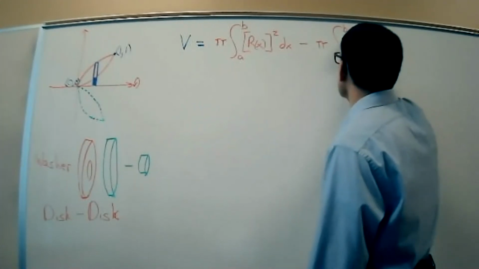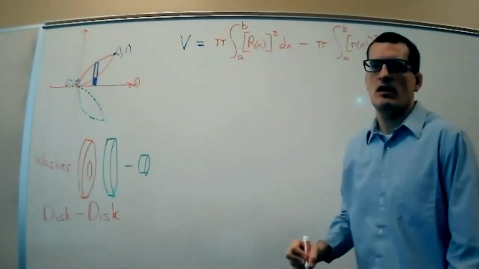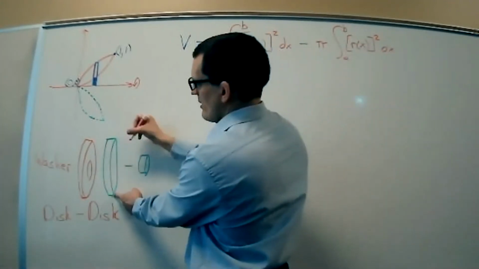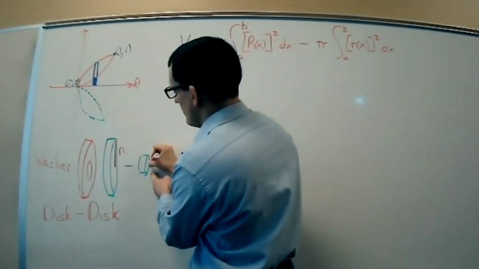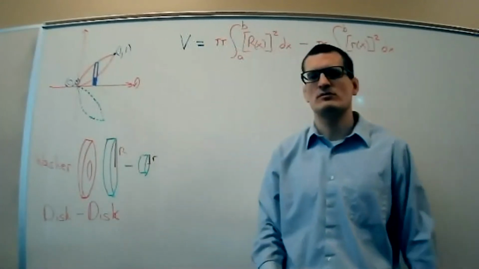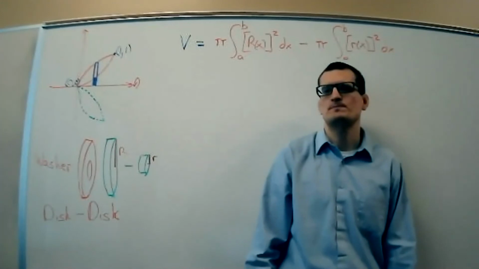And traditionally, people call the one that's bigger the capital R radius, and the one that's smaller, they'll call lower r. So uppercase, lowercase, they'll use. Again, that's what most people do.